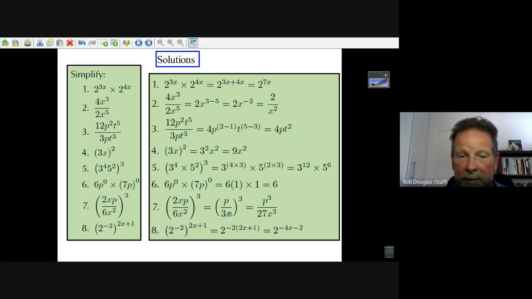When you're dividing, you subtract. Now you cube the p, you cube 3, 3 times 3 times 3, that's why it's 27, and there's the x cubed. Okay, when you put a power to a power, you multiply these things. So minus 2 times 2x plus 1 is minus 2 times 2x is minus 4x. Minus 2 times 1 is minus 2.